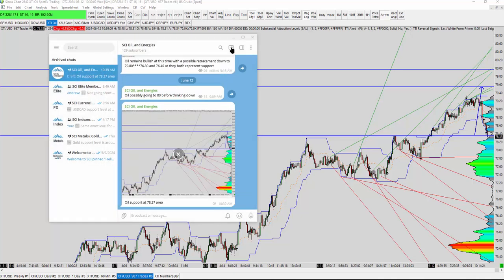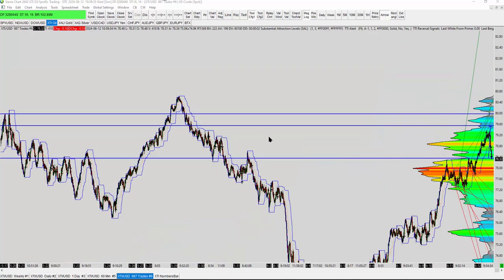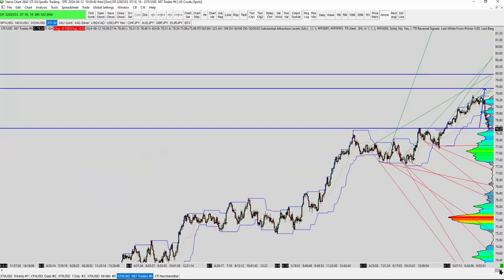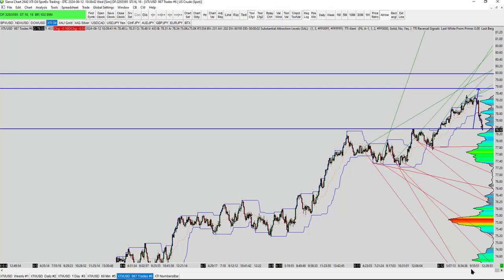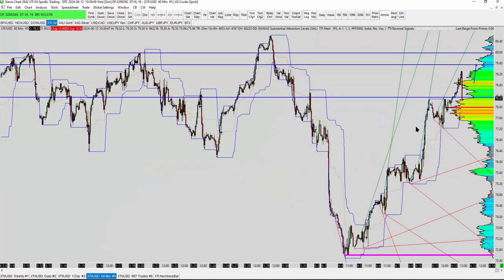Okay, so now we have support in the area. Let's see if we have some confirmations and decide if we want to grab it long or leave it alone. The best way to handle this is to use a poke in and poke back out technique, meaning we are poking into this level, and if I look at a 60-minute chart, this is the final level of entry to this next zone.